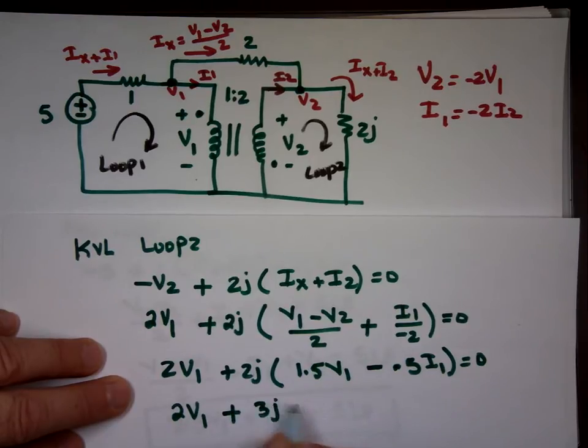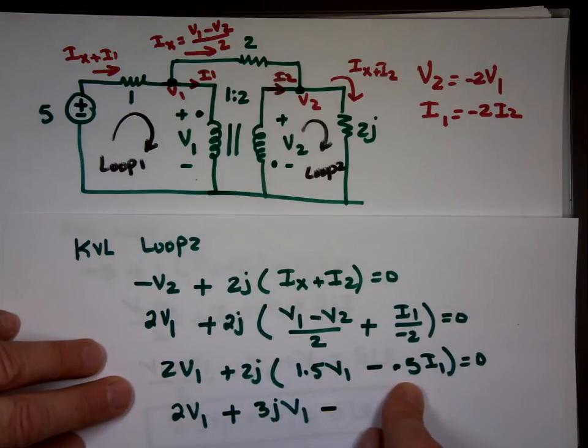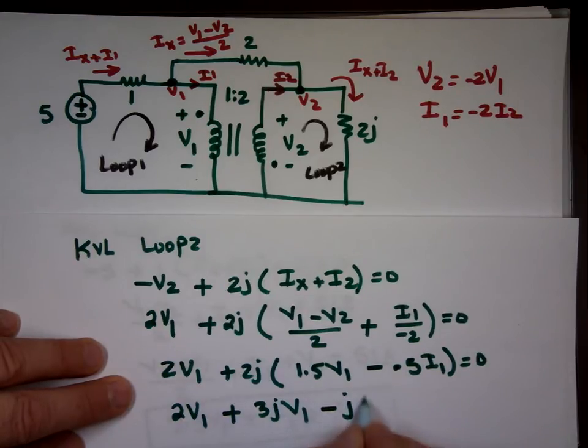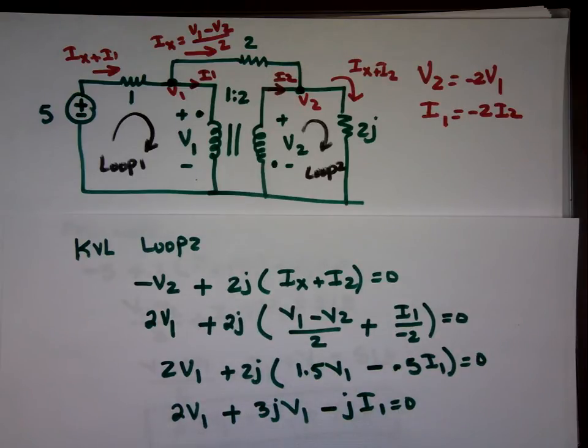This will be minus what? 2 times 0.5 is a 1, that's j, I sub 1. And there's my second equation.